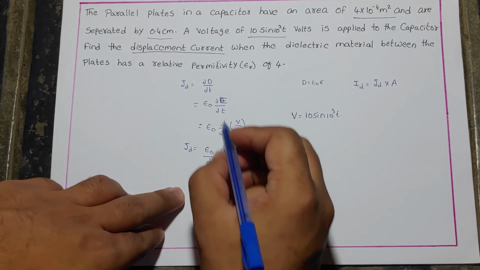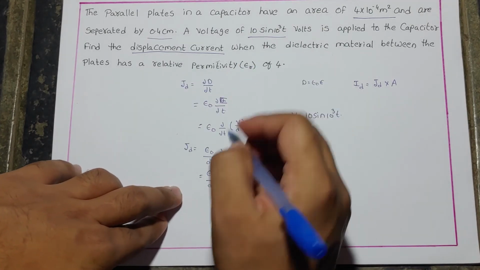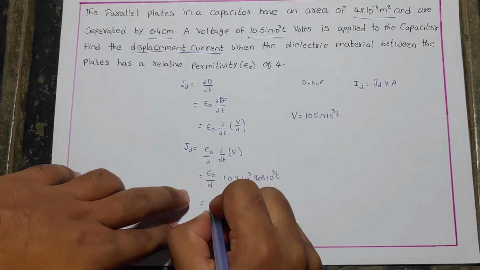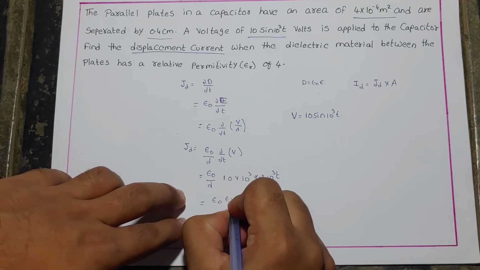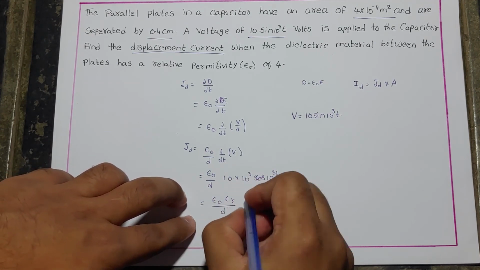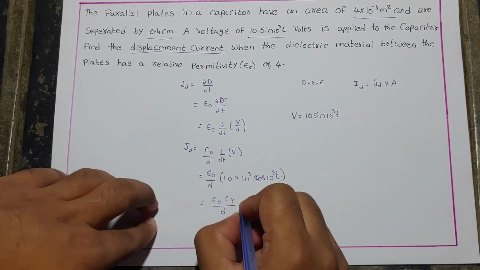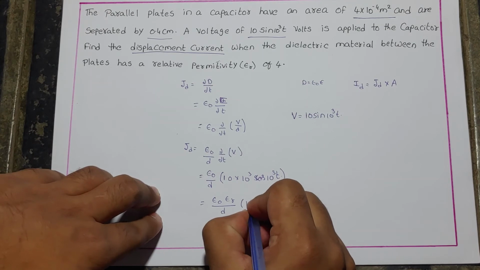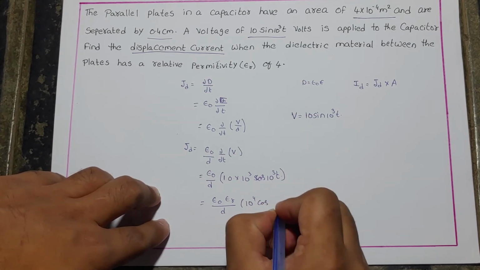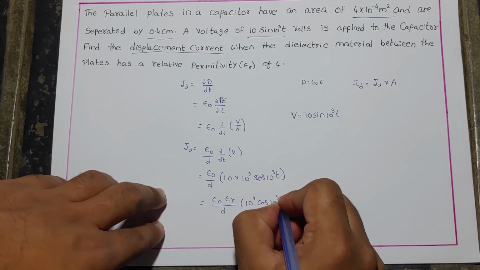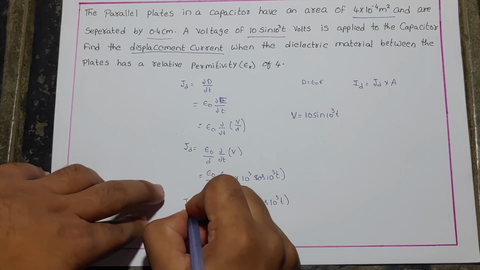Here it is given that it is relative permittivity, so epsilon is equal to epsilon naught into epsilon r by d into this coefficient, 10 power 4 cos of 10 cube t. This is Jd.